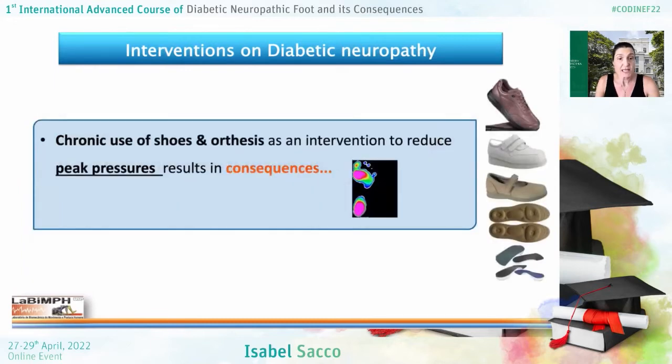In addition, the chronic usage of shoes and foot orthosis, just for prevention for everyone else, may aggravate some of the dysfunctions that I showed you resulting from neuropathy due to movement restrictions.